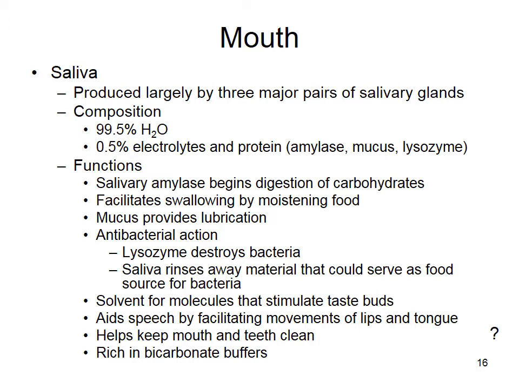Those proteins are amylase, which is a digestive enzyme, some mucus to help lubricate the food so you can swallow more easily, and then some lysozymes to help destroy the bacteria that is coating your food. This is your first time trying to destroy that bacteria. Amylase starts carbohydrate digestion, so carbohydrate digestion starts in the mouth.